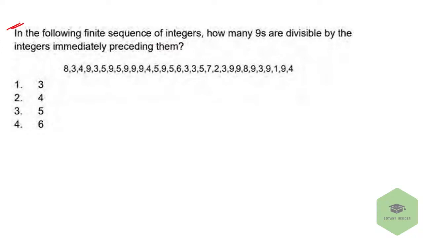In the following finite sequence of integers, how many nines are divisible by the integers that are immediately preceding them? Write it out.